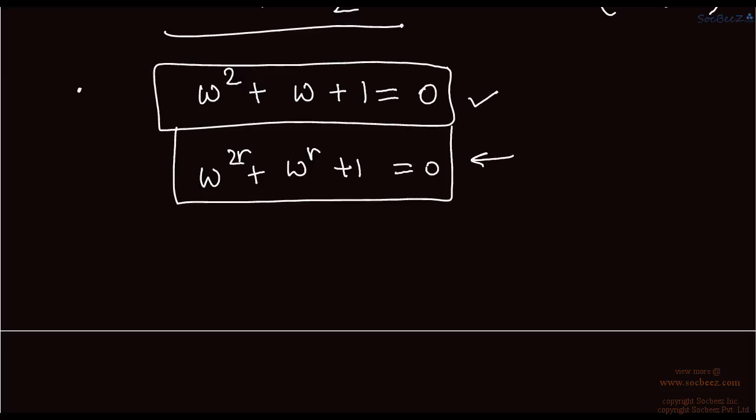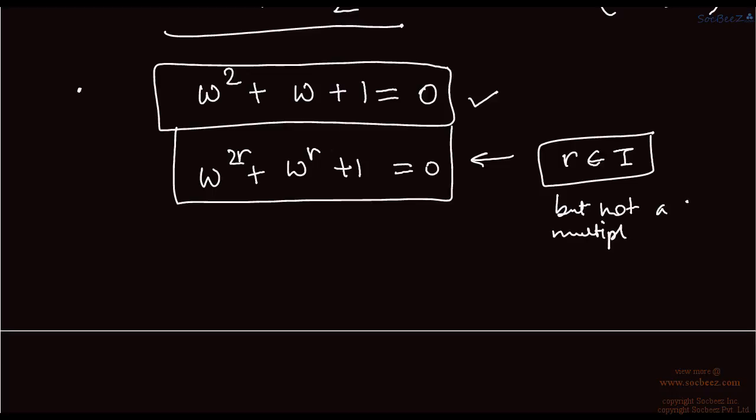And in this, r belongs to integers. Let me write integers with I, because I have used z in complex numbers. So r belongs to integers, but it should not be a multiple of 3. In that case, this value will be 3.